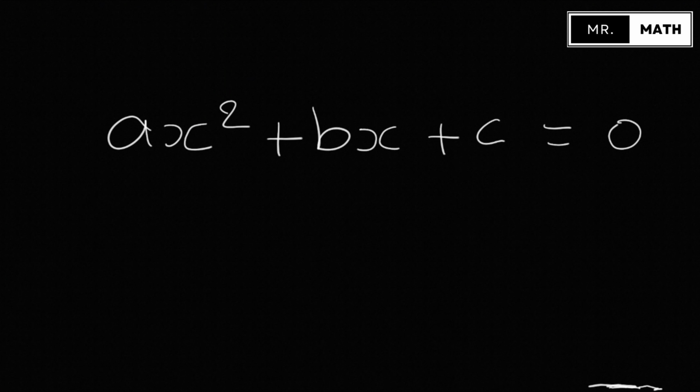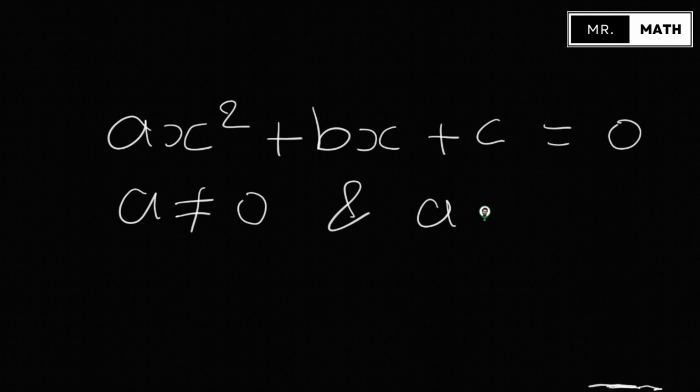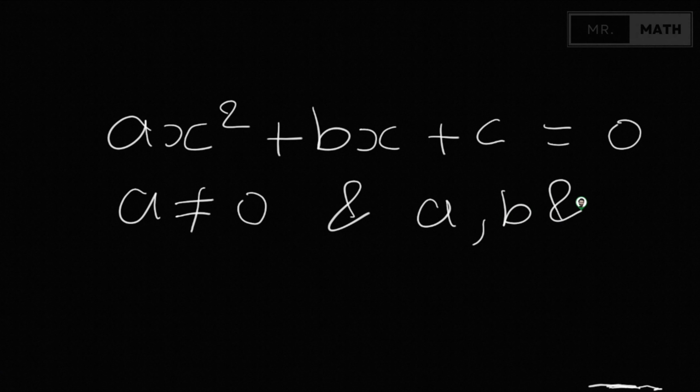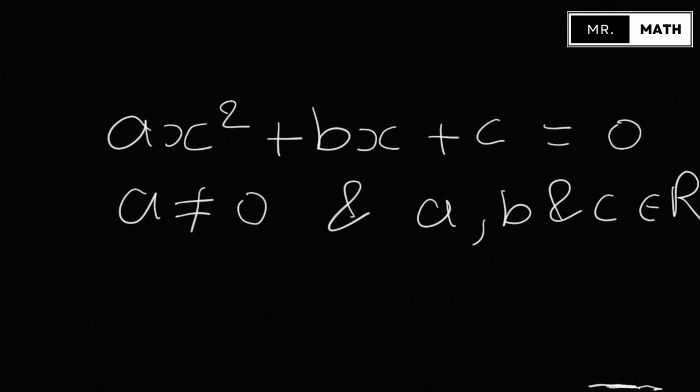Ax square plus bx plus c is equal to 0, where a is not equal to 0. Why? Will tell you. And a, b and c belongs to R, right?